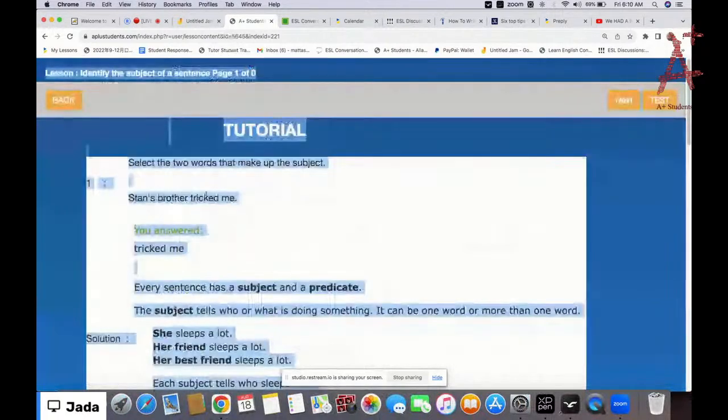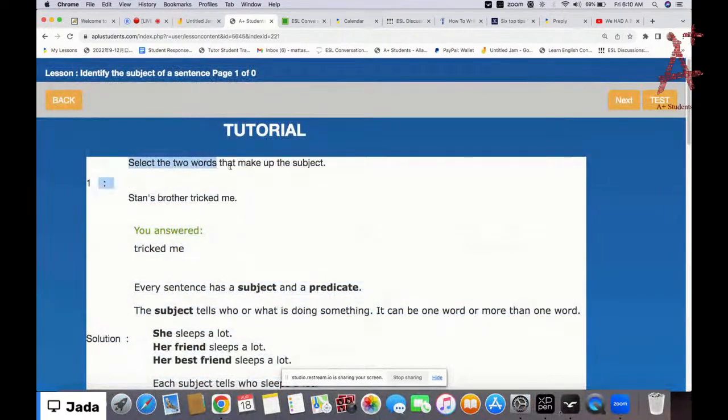We have: select the two words that make up the subject. Stan's brother tricked me. So now, who is going to be the subject? Let's say that you answer trick me. Trick me is not the action, and it's not the person doing the action.